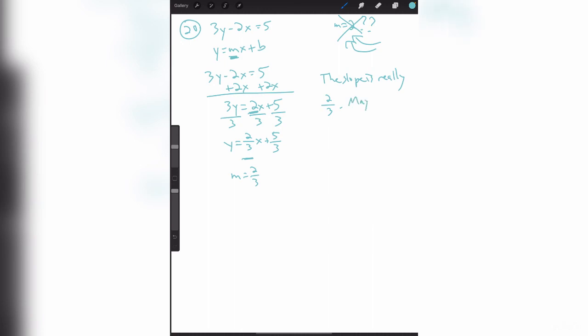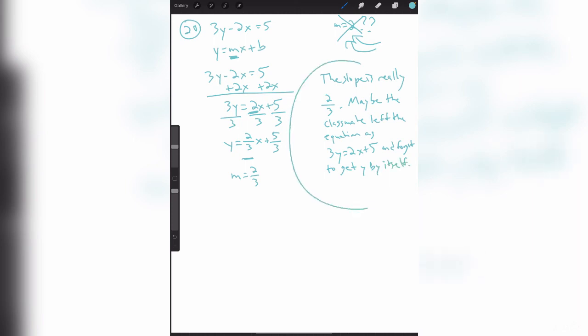So I can say maybe the classmate left the equation as 3y equals 2x plus 5 and forgot to get y by itself, or isolate it, right? That's maybe. Who knows? Doesn't give you a ton of information, but that's what my guess would be.